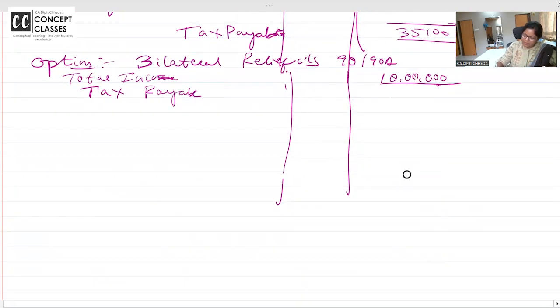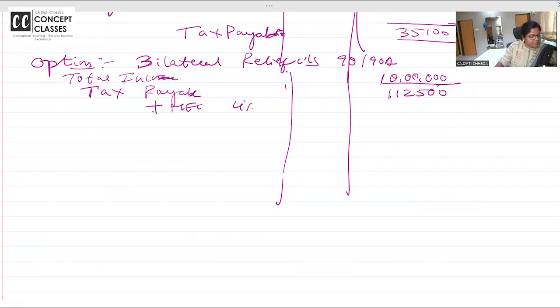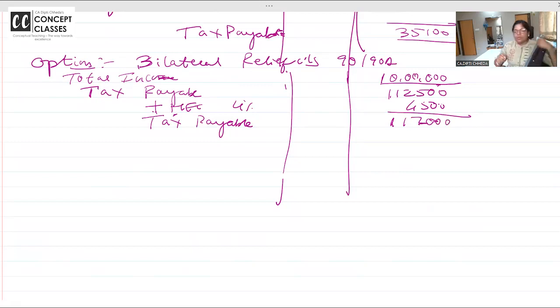Tax payable on this is 1,12,500 plus health and education cess 4%, that is 4,500. So your tax payable is 1,17,000. Okay? Now listen all of you.